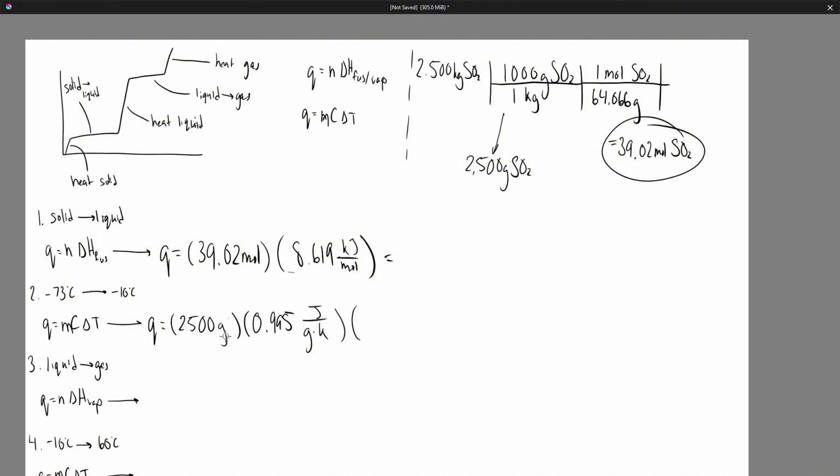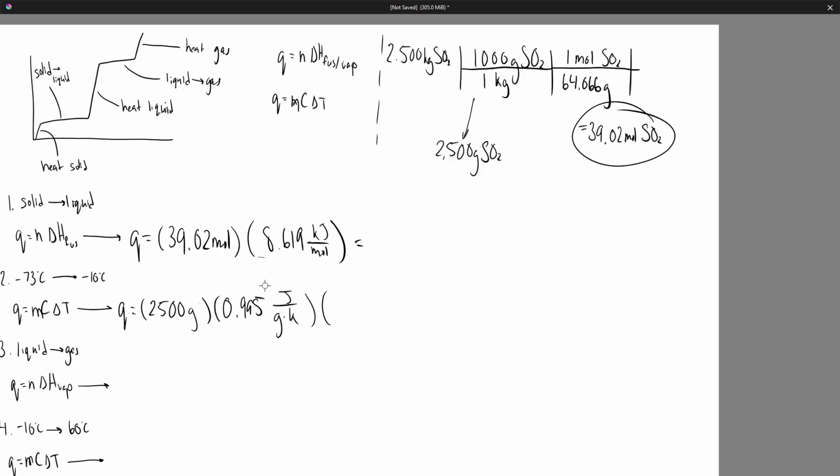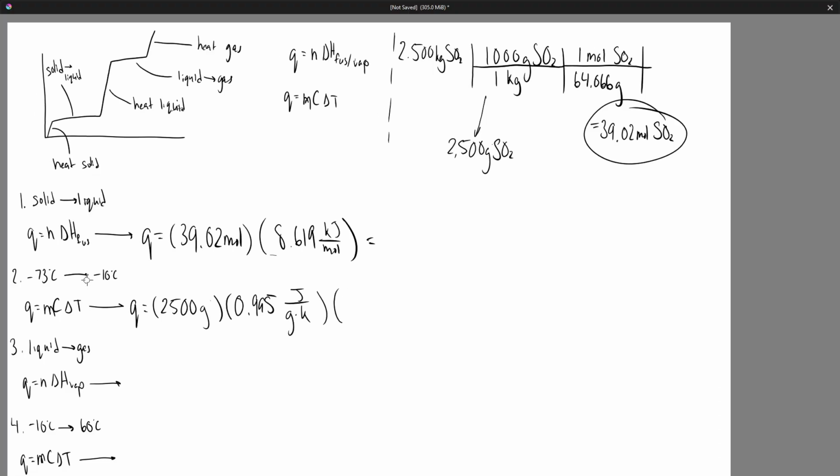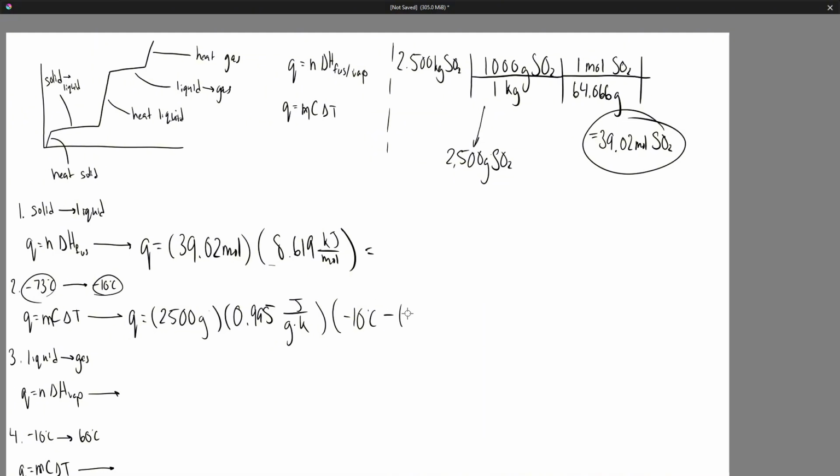So if you catch yourself doing that, then be careful. Okay, so now it's times the change in temperature, which is final minus initial. So it's negative 10 degrees Celsius minus negative 73 degrees Celsius.